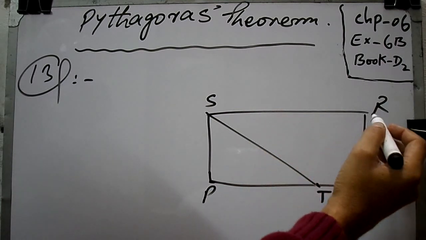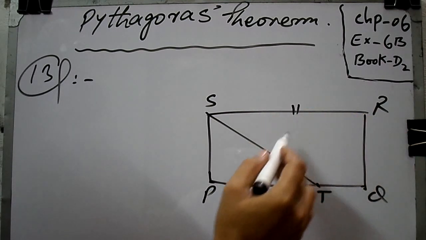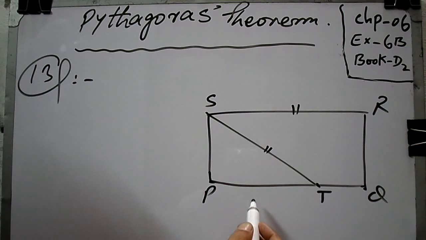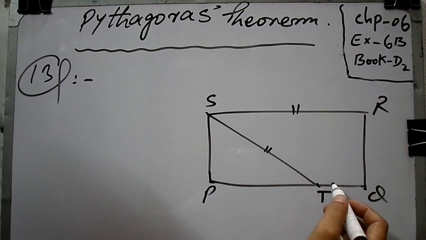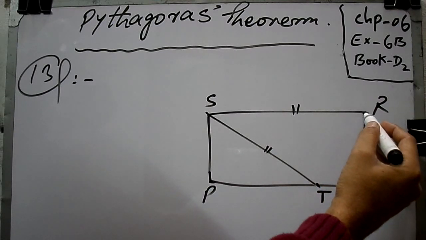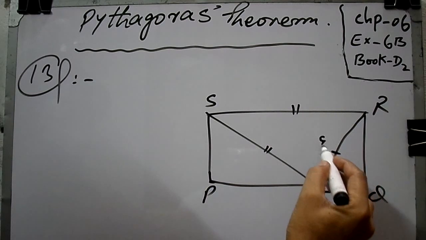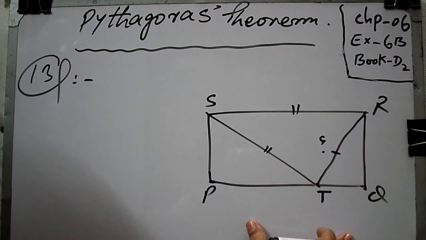RS, this side, and ST, these sides are equal sides, and that is your R. We have to find this side RT, because in your question it is given that we have to find RT.